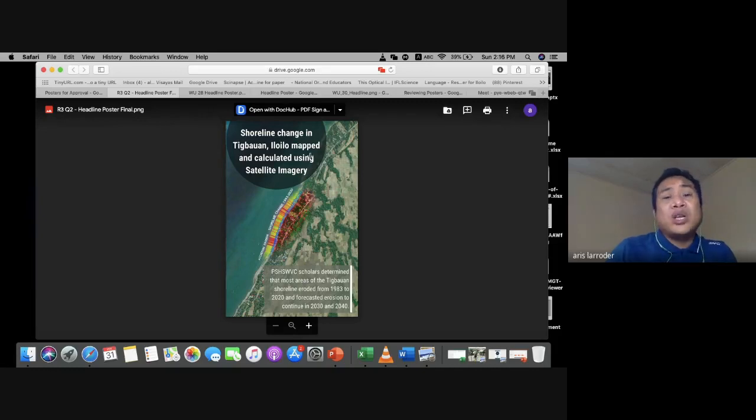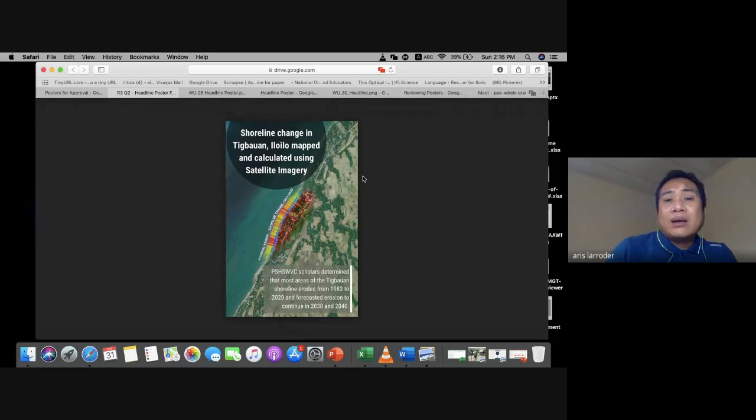Well, this one is so generic that probably you can change that into something better, such that, what about the shoreline change? So you can claim here that what is newsworthy, that the entire Tigbawan will be inundated by flood in 2030. So that is something newsworthy.